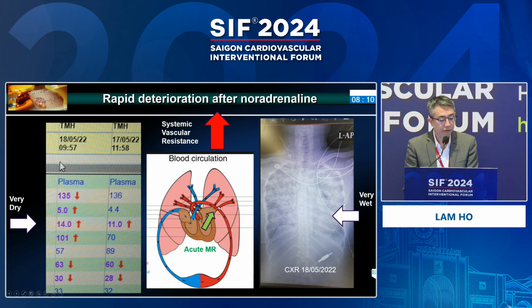If we put noradrenaline, increasing systemic vascular resistance, you can imagine the acute MR will increase, pumping more blood to the lung. But because more blood goes to the lung, less blood goes into the systemic circulation. That's why the systemic circulation became dry, renal function sank down, and at the same time, the bilateral lungs were congested, even more congested than before.